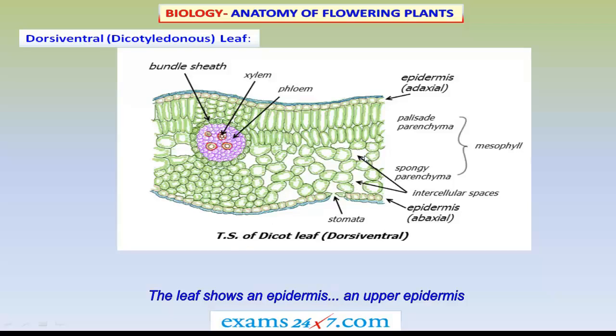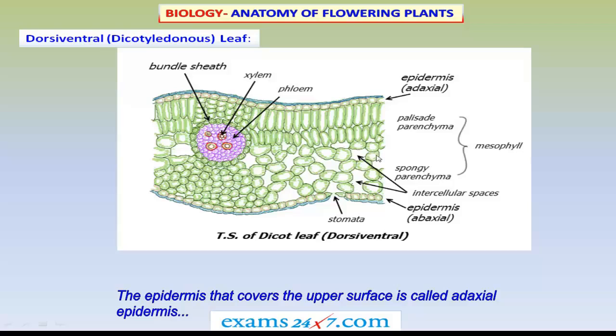The leaf shows an epidermis, upper epidermis and lower epidermis. Between the two epidermal layers, there are parenchyma cells forming what is called mesophyll, and there is also the vascular system. The epidermis that covers the upper surface is called adaxial epidermis, and the epidermis that covers the lower surface is called abaxial epidermis.